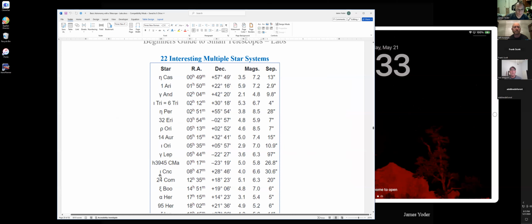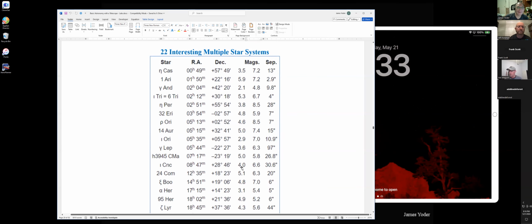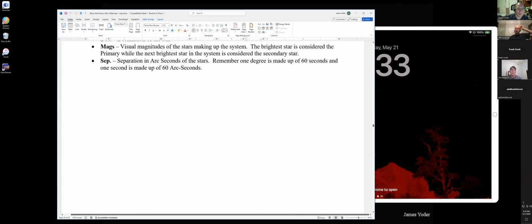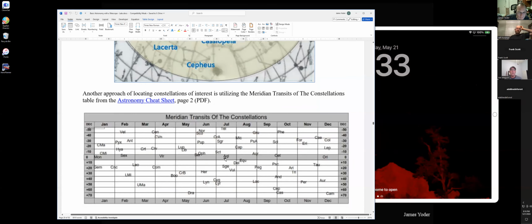Canis Major, no, CN. I think that's Cancer there. Coma was another one, and so 24 Coma might be one that we'd want to look at. There's Eta Bootes. Another one. I don't know why we didn't see Hercules. Where's Hercules at? Because I know it's rising, so Hercules should be on that list somewhere. Let's see where it's at.